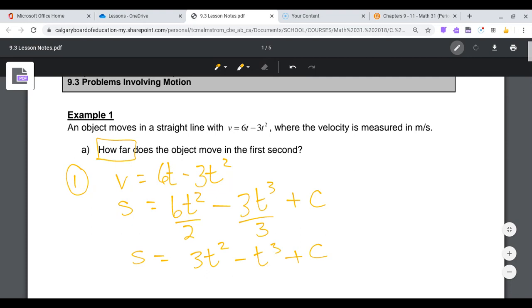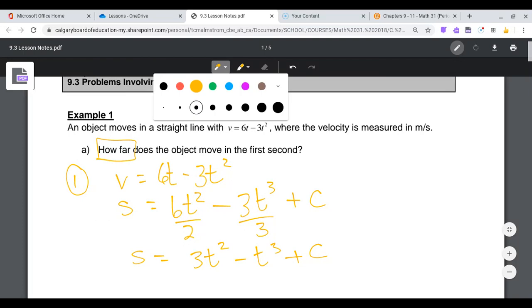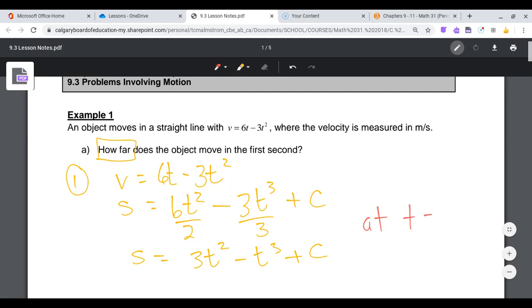I have to think about what would be the initial conditions because they don't state. So I'm going to have to make some assumptions about that. What I know is that at t equals 0, I can assume that this object hasn't actually started to move yet. So then I would know that v would be equal to 0 and s would be equal to 0 too because he hasn't gone anywhere.